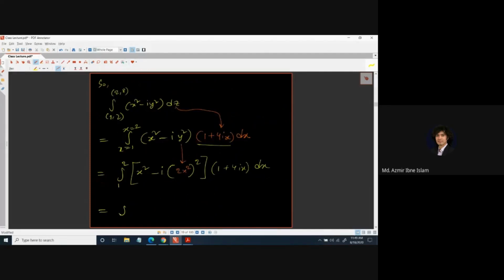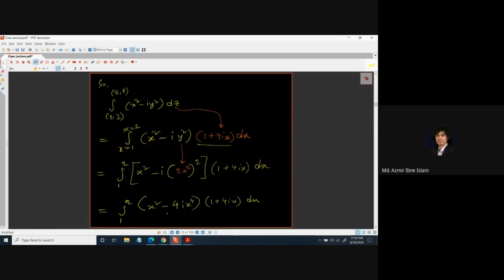So integration from 1 to 2, x squared negative i 4x to the power 4, 1 plus 4i x dx. Or if I write it in a convenient way, it will be 4i x to the power 4. That means we can use the parentheses.